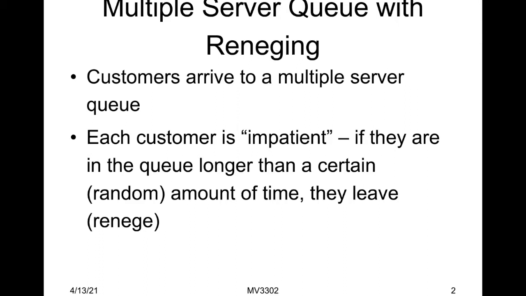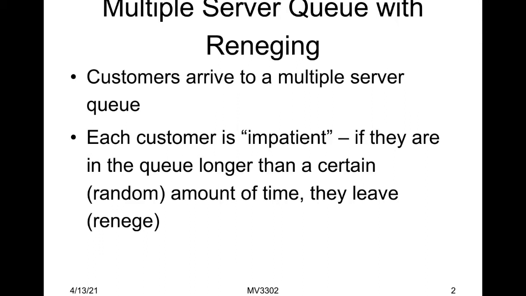In the basic multiple server queue model, every customer that joins the system is essentially stuck there until they get service. And there are situations for which that really is the case. If you're, say, going to the drive-through at In-N-Out Burger, once you get in that lane and there's a car in front of you and a car behind you, you're basically stuck.